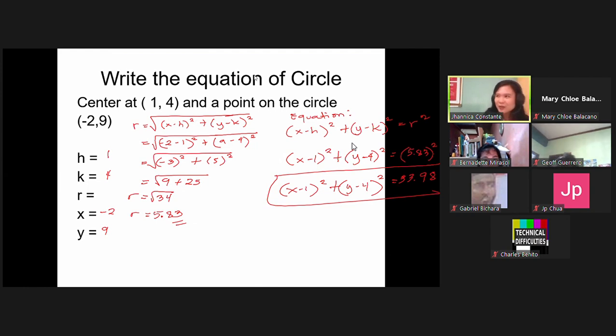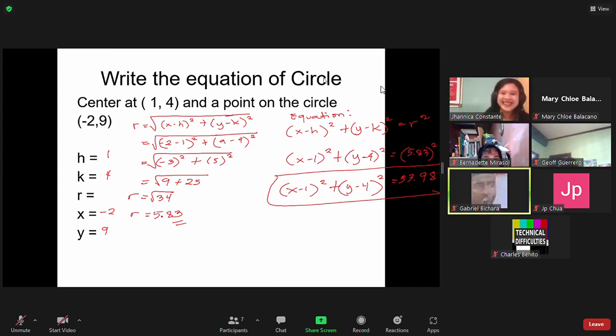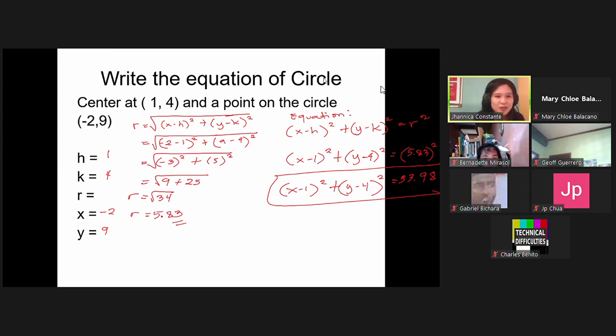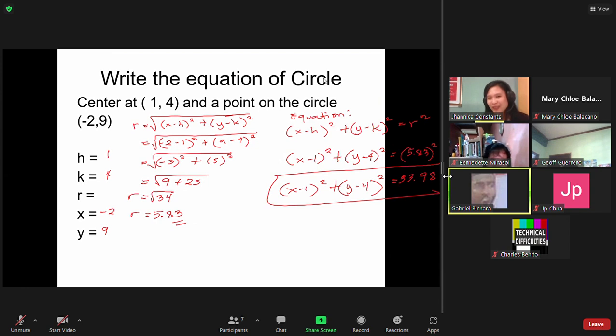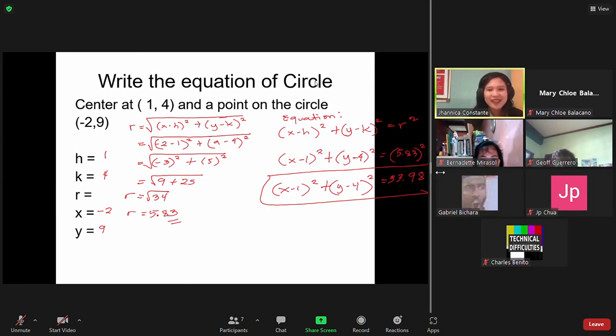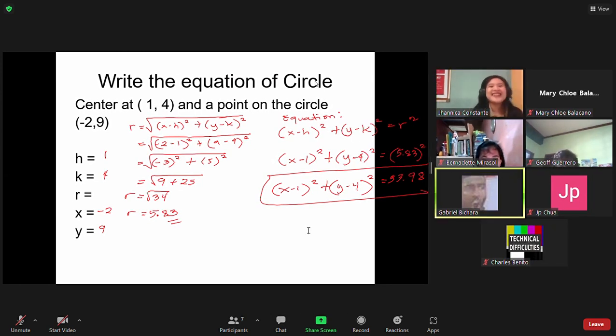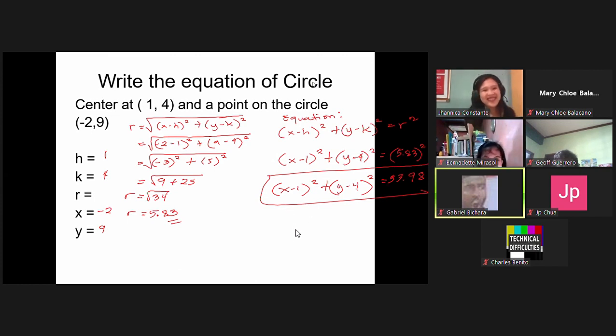Sige. Let's have a fraction. Since gusto ni Gabby ng fraction. Can I clear the screen? And since you asked for the fraction, your final answer should not be in decimal format. It should be in a fraction. I will not allow decimal. You're gonna get rocks thrown at me. I have a window behind me.